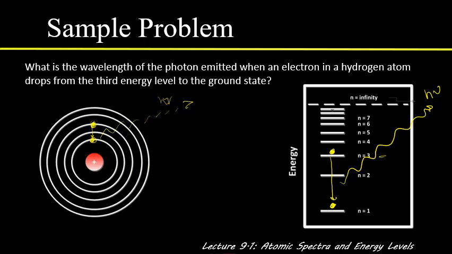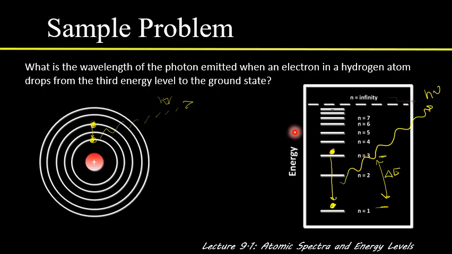And if we can calculate the energy of the electron in the initial state here and in the final state here, if we can calculate these two energies, then we can calculate the difference in energy, and the difference in energy is going to be the energy of the photon. Okay. All right. So let's do our calculation.